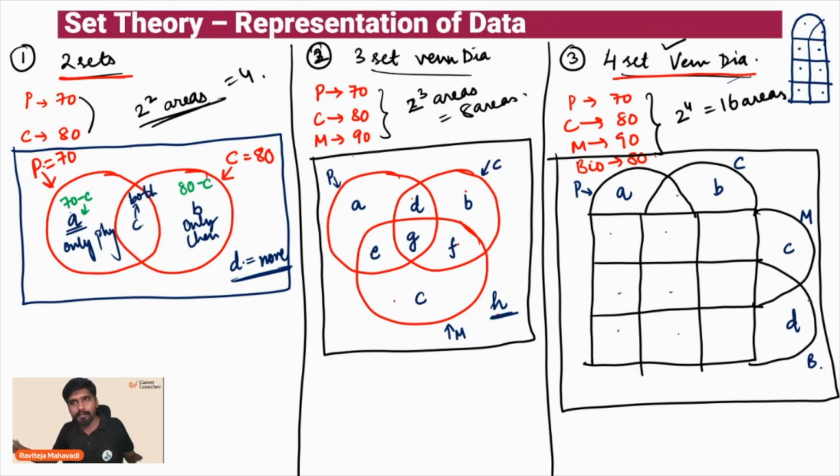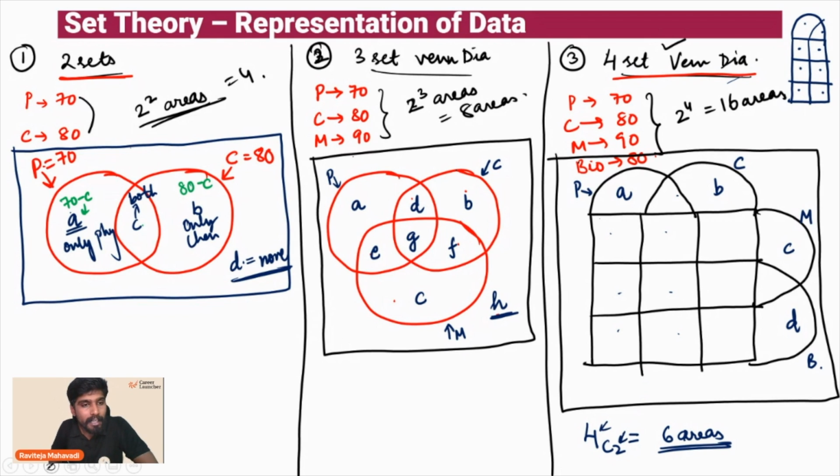Ho gaya? Done. Now, how many intersections will be there which will be a part of exactly 2 out of the 4 sets? You have a total of 4 sets. If you select any 2, 4C2, there should be 6 areas which are intersection of exactly 2 out of the 4 sets.